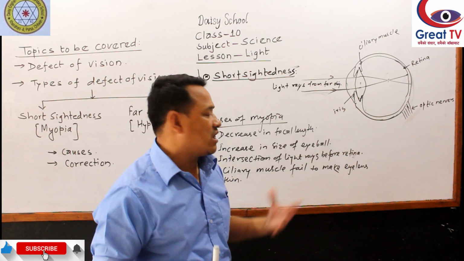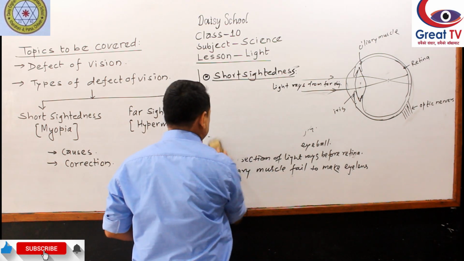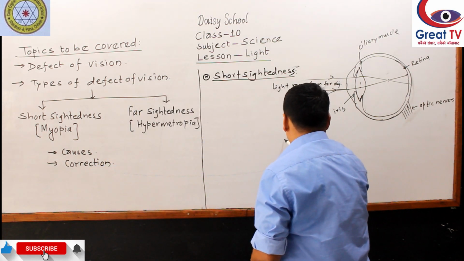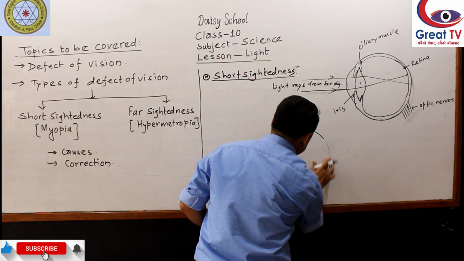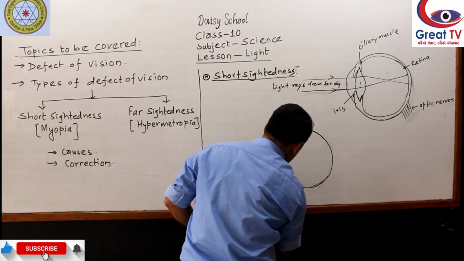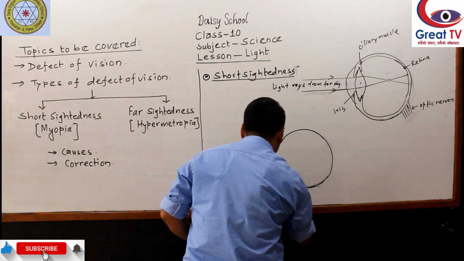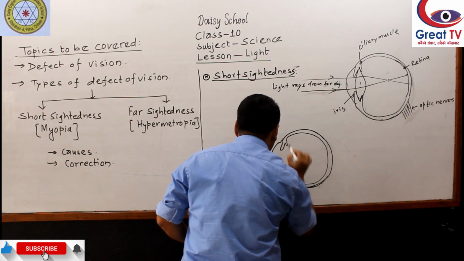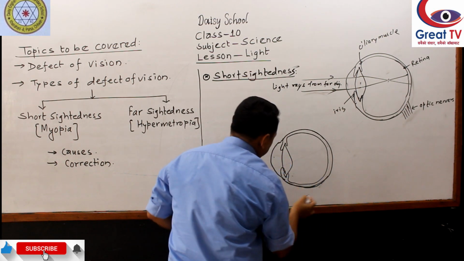What happens while using the concave lens? Again, we have to draw the figure. Look here. So this is the human eye.